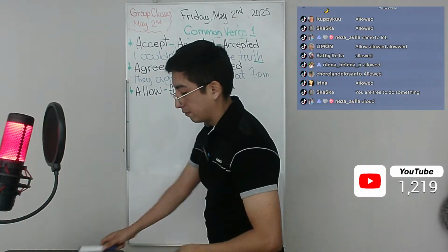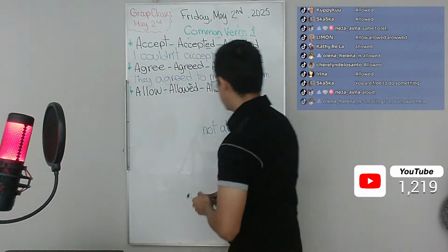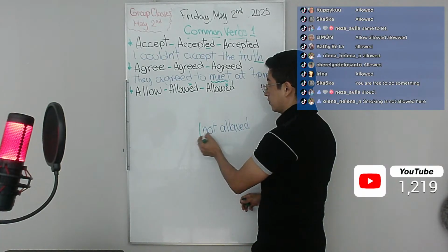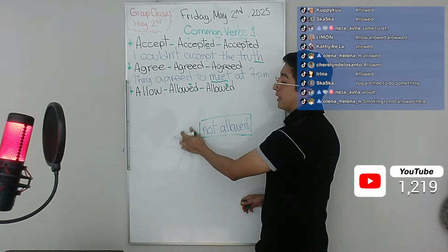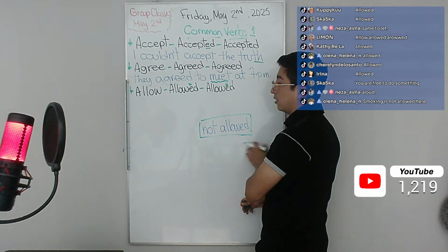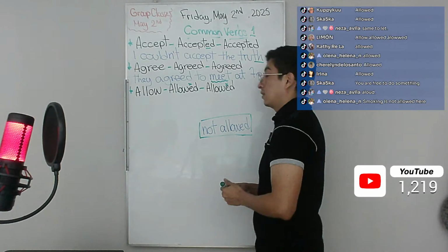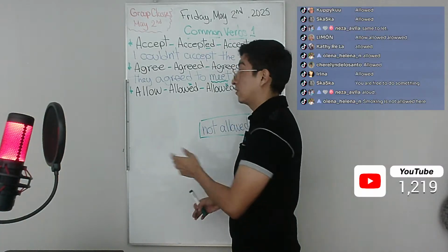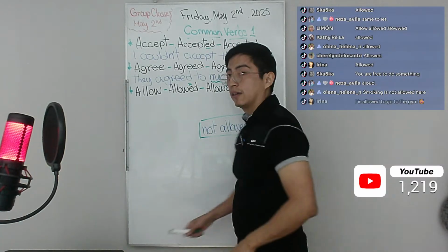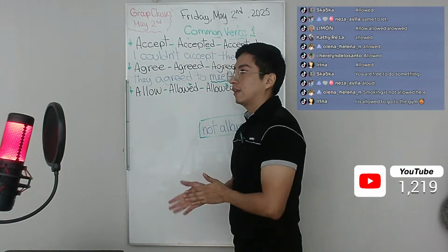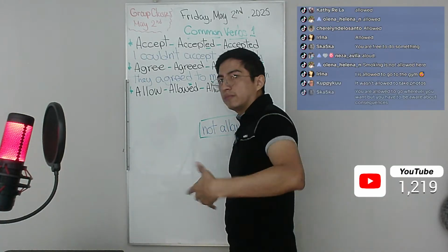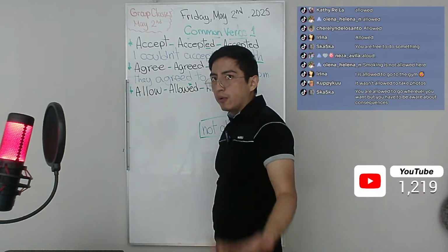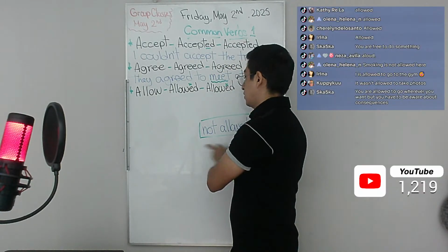You can see this like a notice. You can say, for example, pets are not allowed. Smoking is not allowed. Or maybe running near the swimming pool is not allowed.